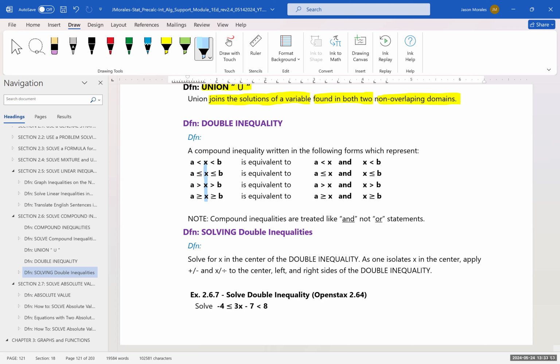Instead of writing our compound inequalities with the word "and," we're just going to write them this way instead. Note that compound inequalities are treated like "and" not "or" statements.